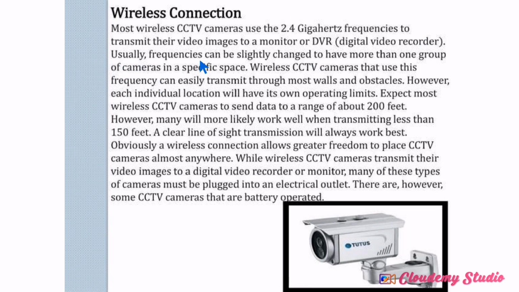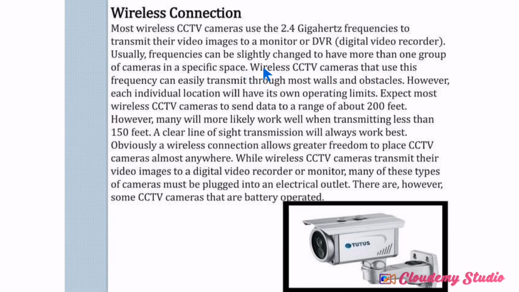Usually the frequency can be slightly changed to have more than one group of cameras in a specific space. Wireless CCTV cameras that use this frequency can easily transmit through most walls and obstacles.